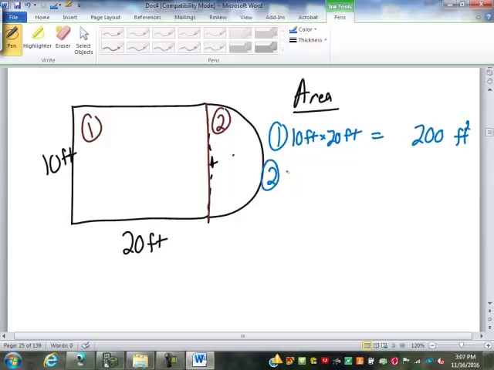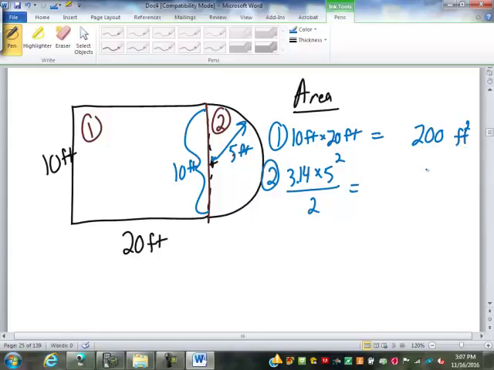It's actually a half circle. It's going to be pi, or 3.14, times, what's its radius going to be? Well, it's 10 all the way across, so the radius will be 5 feet. So pi times 5 squared. It's only half a circle, though, so we're going to divide it by 2.